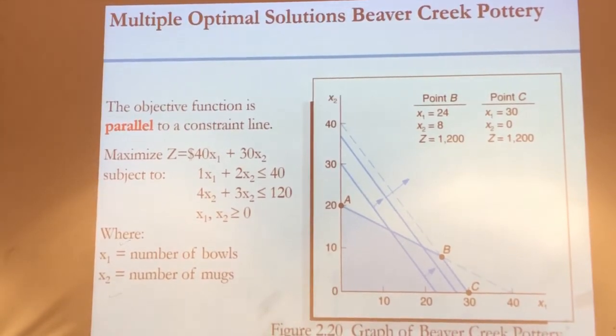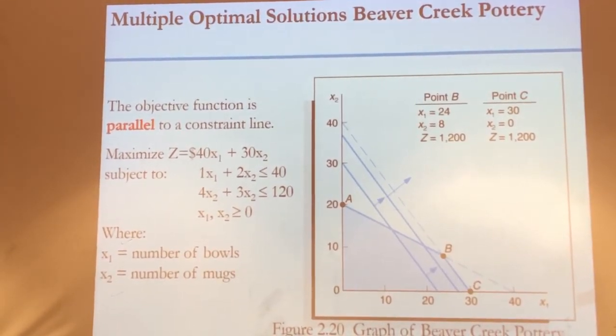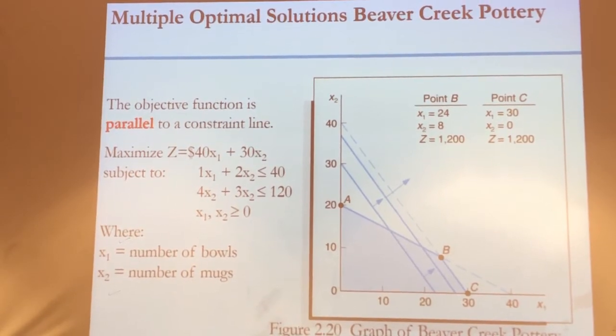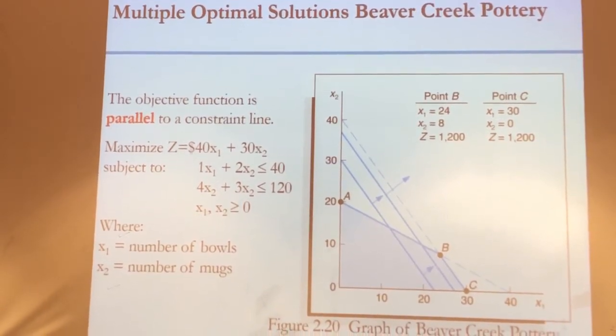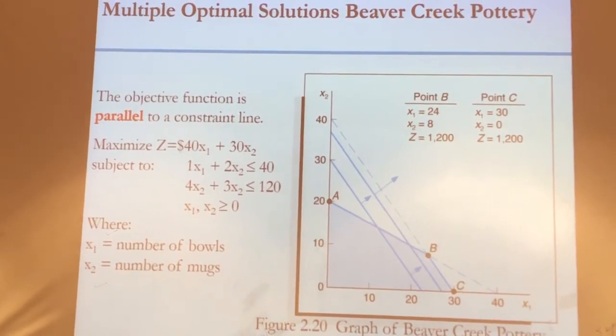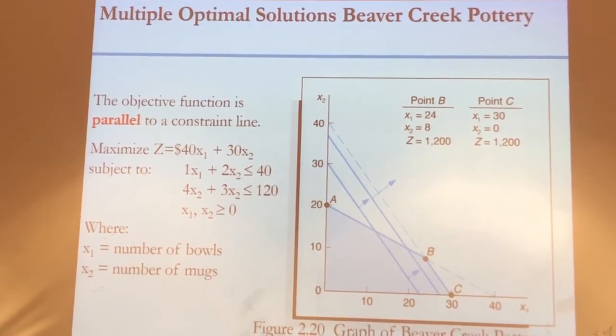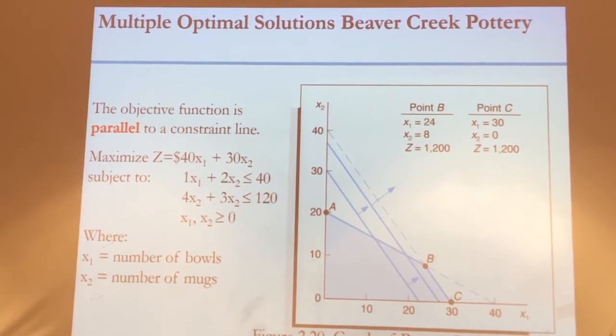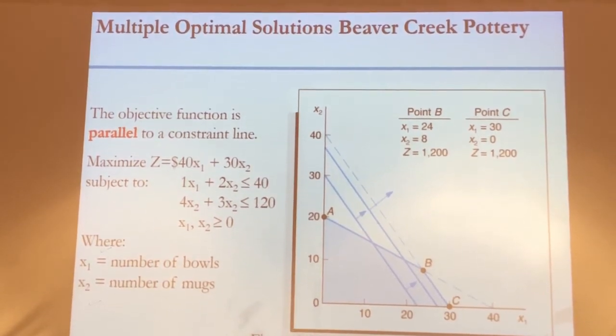Please note also, I can ask this question in your final exam by asking what is the condition for multiple optimal solutions, and you just have to write it down.